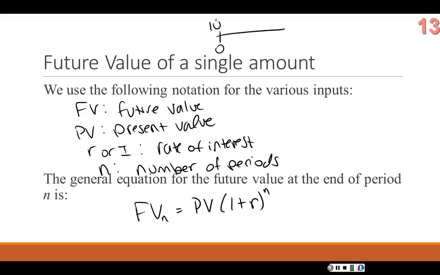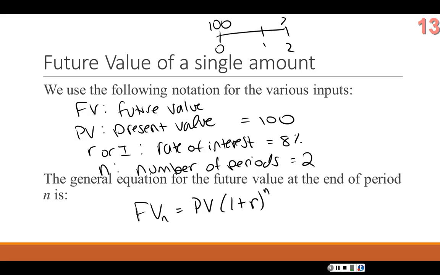At time period 0, he deposits $100, and we want to know how much that's worth at the end of 2 years. So we're wanting to know the future value. The present value here is 100. The interest rate, he is earning 8%. And N is the number of periods, and so that's equal to 2.